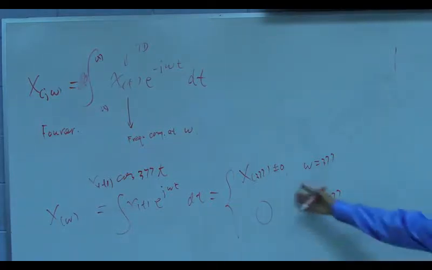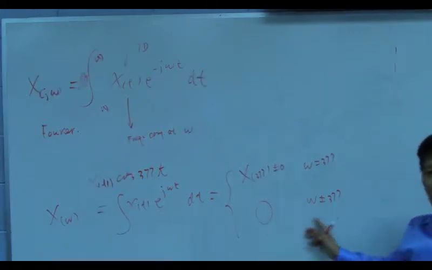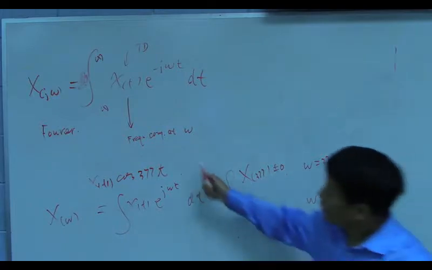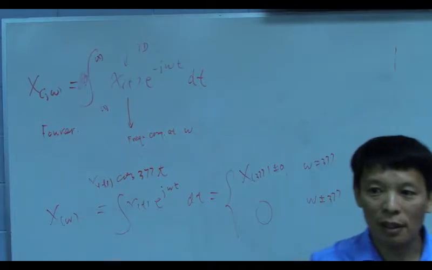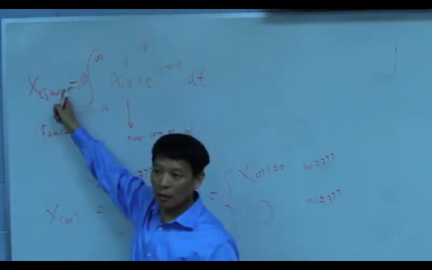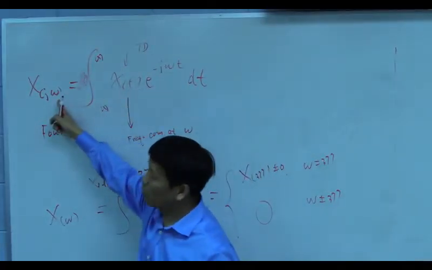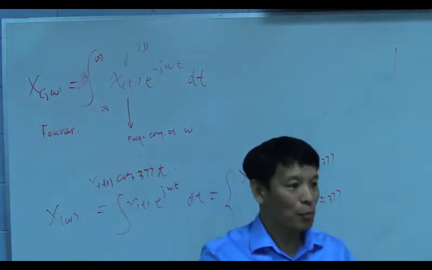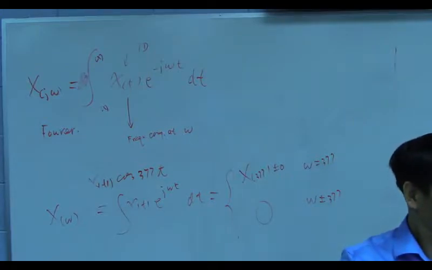If you plug in and do the integration, you find out that it equals 0 except for this frequency. This gives us a hint that the Fourier transform gives us the frequency component at that frequency. If you calculate the Fourier transform of this signal at some frequency, that gives us the frequency component at that frequency. Does this make sense to everybody?